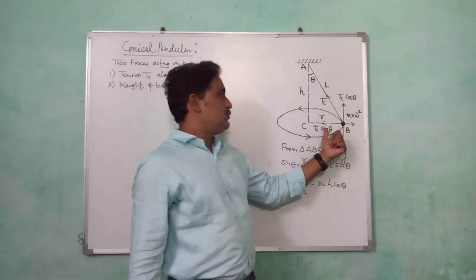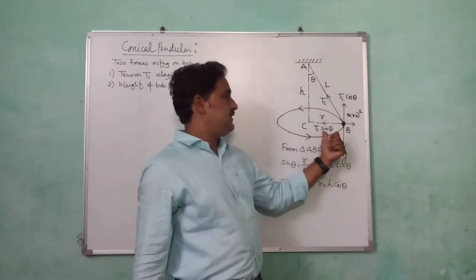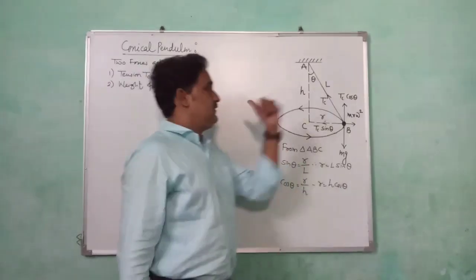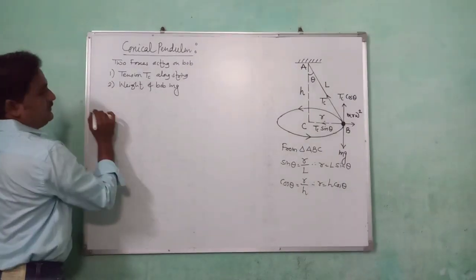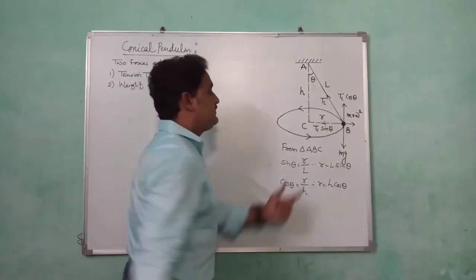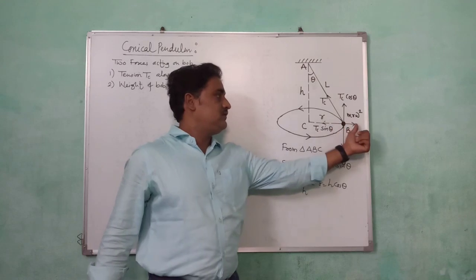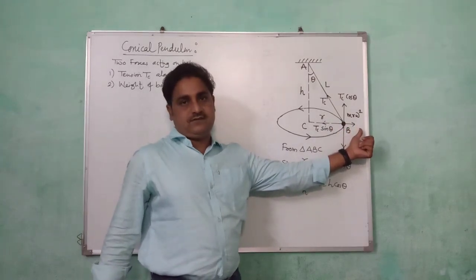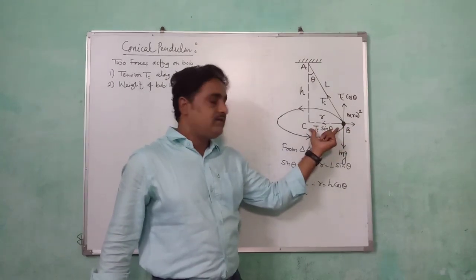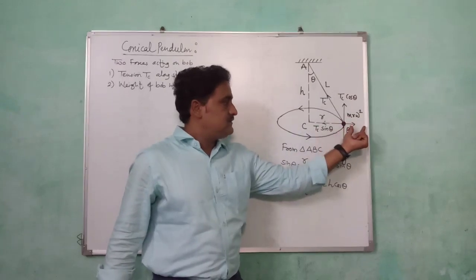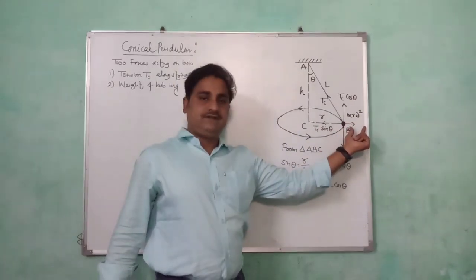It is resolved into two components, T sin theta and T cos theta. In this case, the magnitude of T sin theta is equal to the magnitude of the centrifugal force. Here it acts as the centripetal force, which is equal to this centrifugal force.